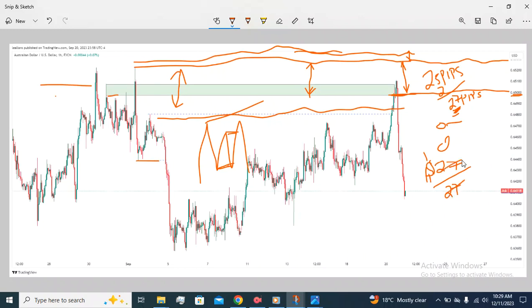which gives me a lot size of 1 standard lot. That is it. I can use 1 standard lot there. And if I'm willing to lose, say, $20 from this single setup, then I take $20 divided by 27 pips.